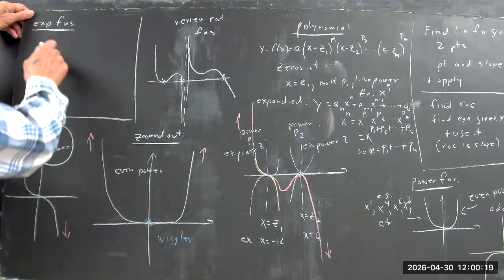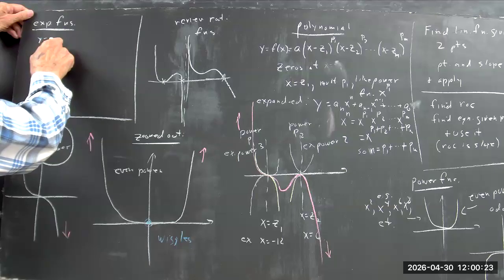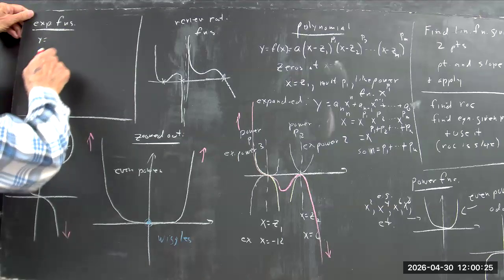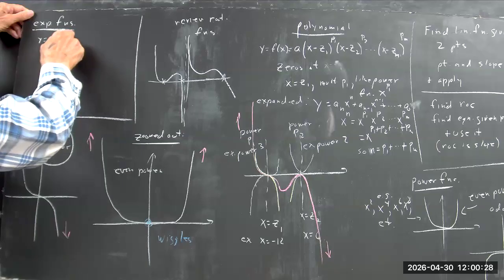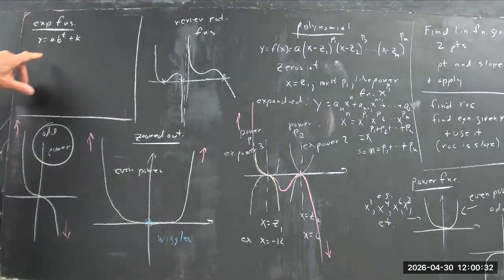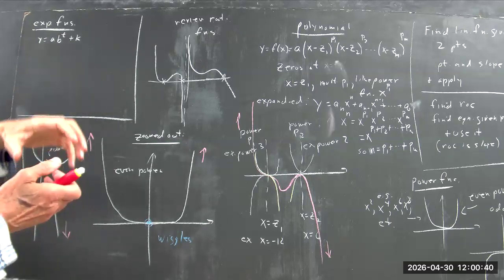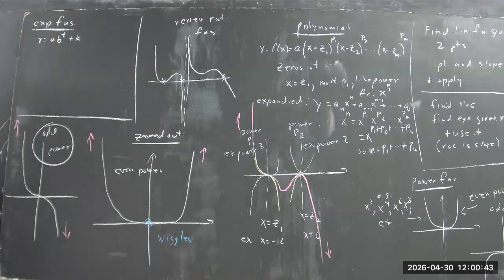So generally it's y equals a b to the t plus k. What the a does is vertically stretch it.